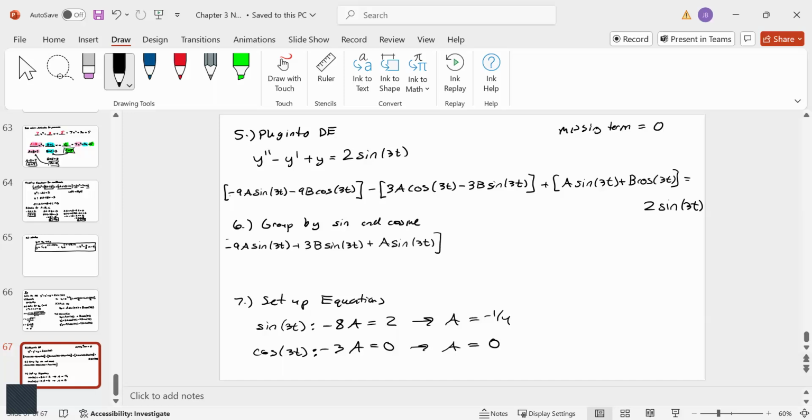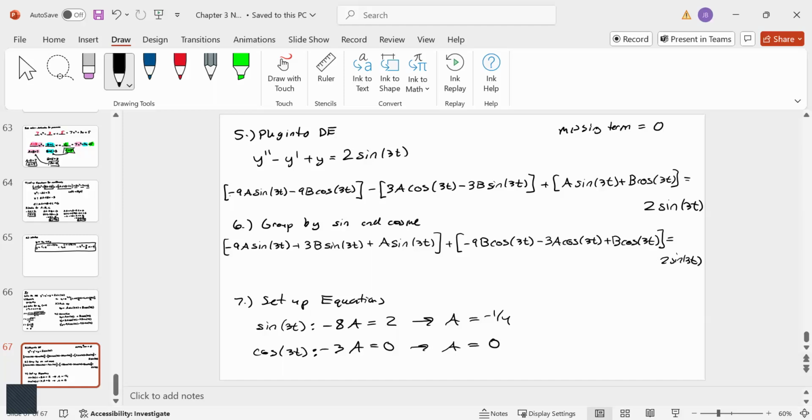So that's all the sine terms. And then plus all the cosine terms. So negative 9b cosine 3t minus 3a cosine 3t plus b cosine 3t equal to 2 sine 3t. Poor 2 sine 3t, just never going to fit in.